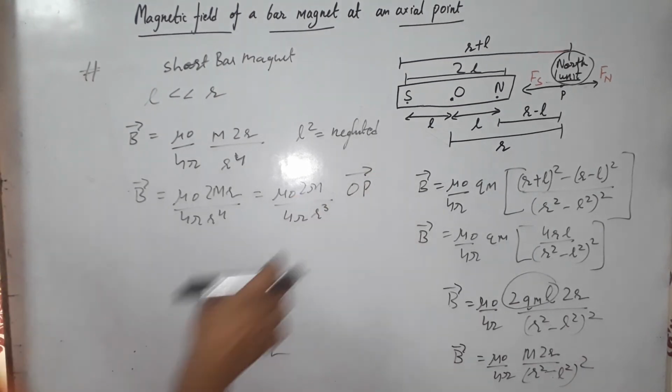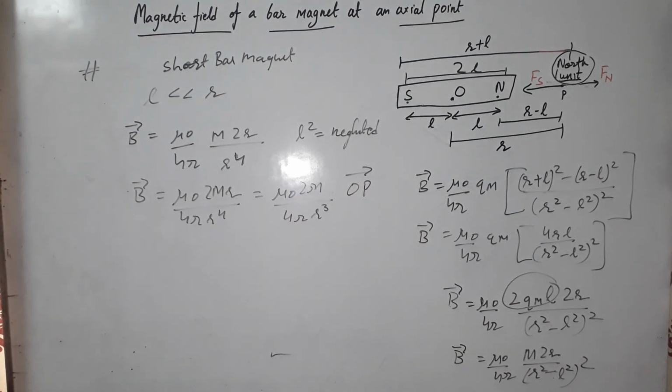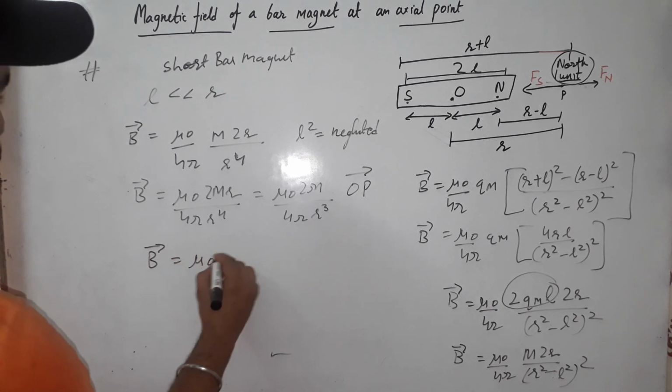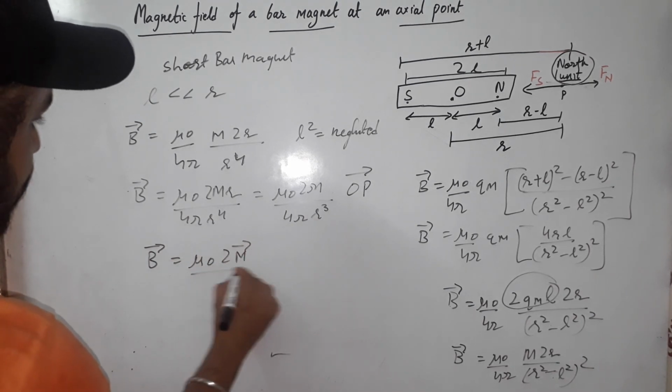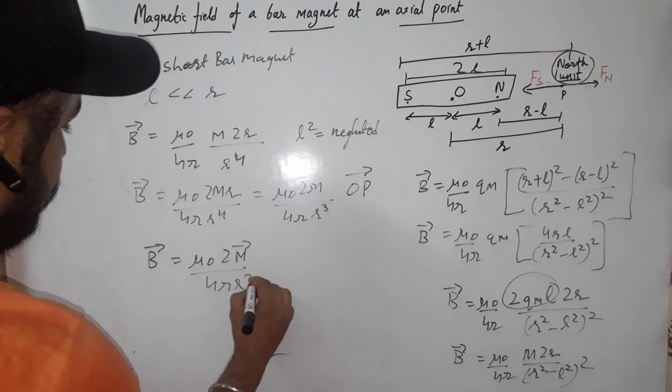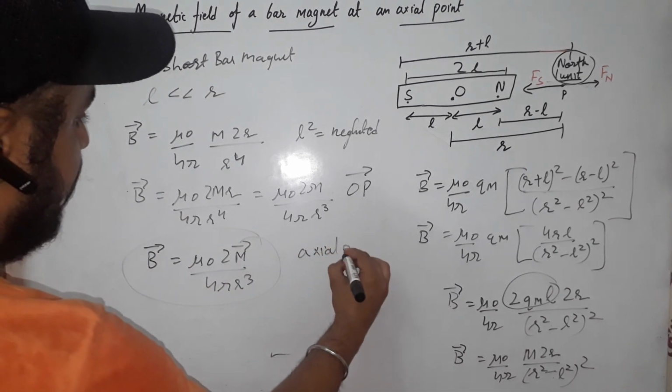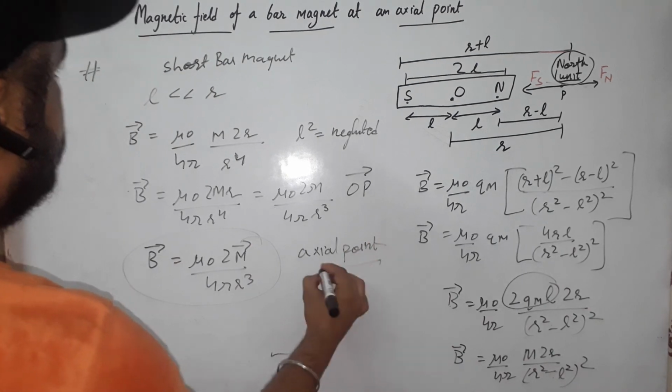If we have to write in vector notation, we need not write OP over here. So it will be B vector equal to mu naught 2M vector upon 4 pi r cube. This is the value on the axial point. Thank you.